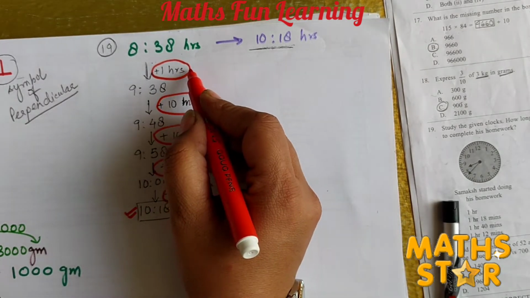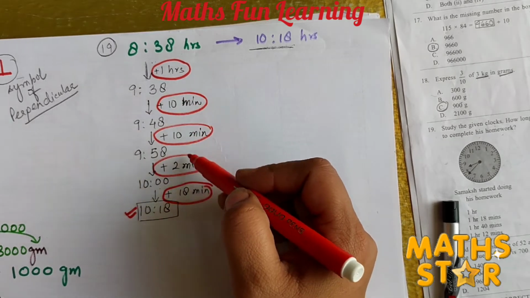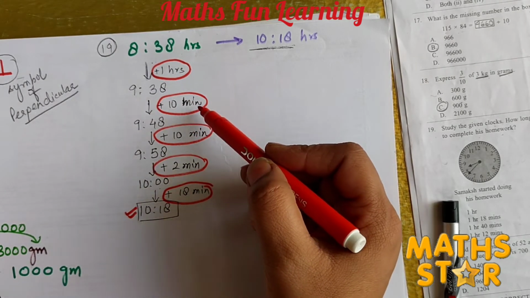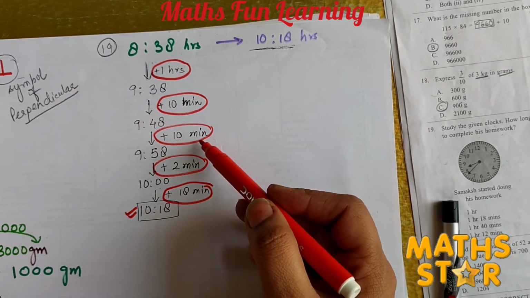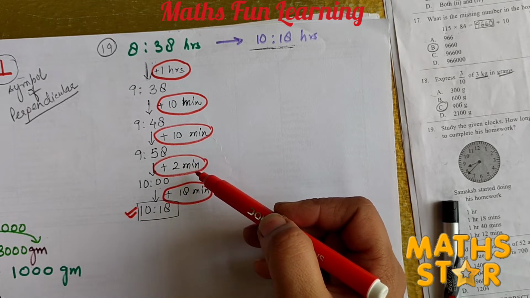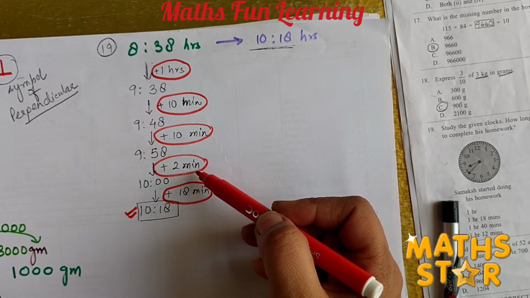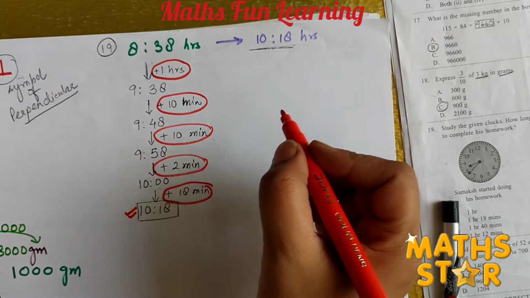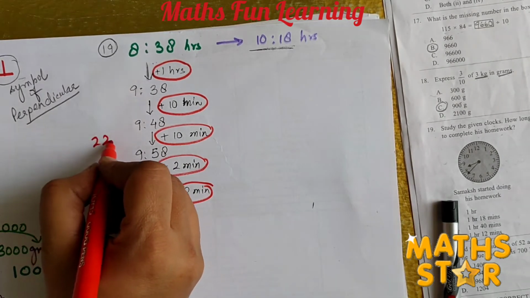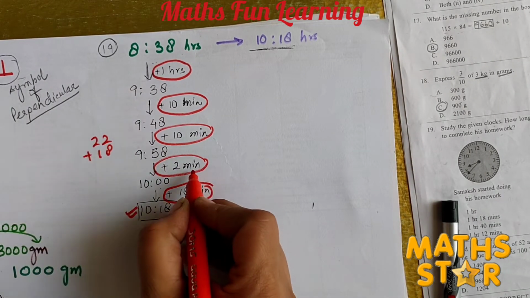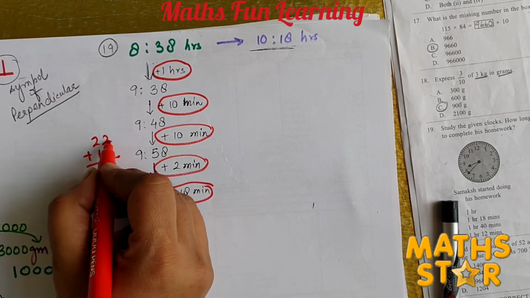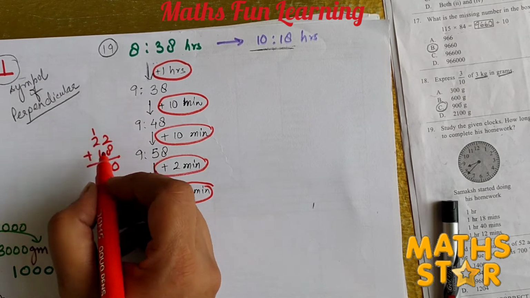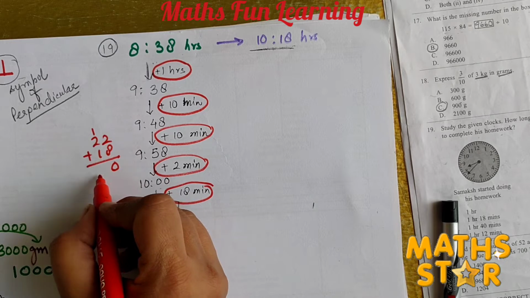Let's add all this time, which I circled in red. 1 hour plus 10 minutes. 10 minutes plus 10 minutes is 20 minutes. 20 minutes plus 2 minutes is 22 minutes. And 22 plus 18 minutes: 2 plus 8 is 10, carry over 1. 2 plus 1, 3. 3 plus 1, 4.